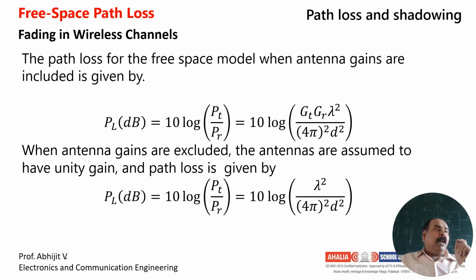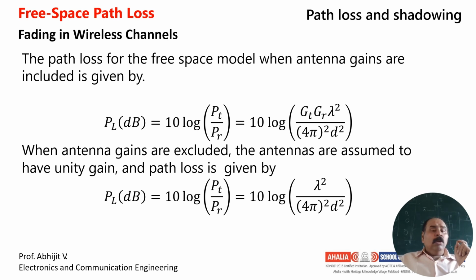Now the linear path loss PL in dB: we are substituting the equations from the previous equation. For PT by PR, we get that the linear path loss PL in terms of dB is 10 log to the base 10 of PT by PR.